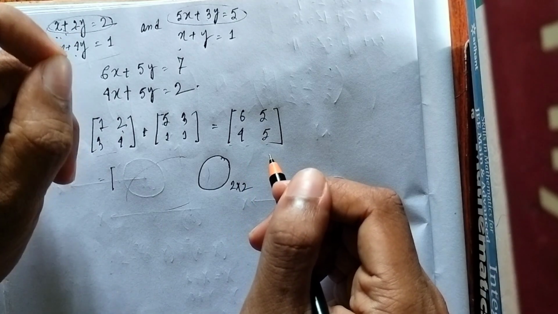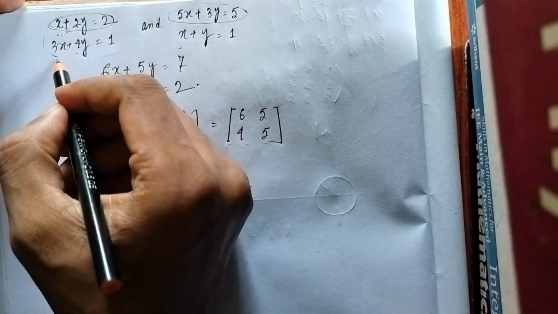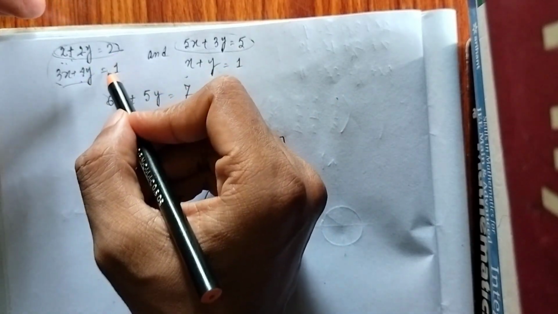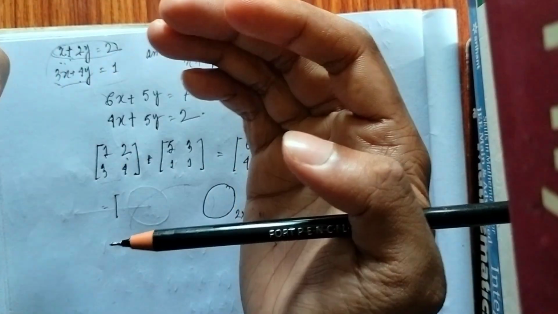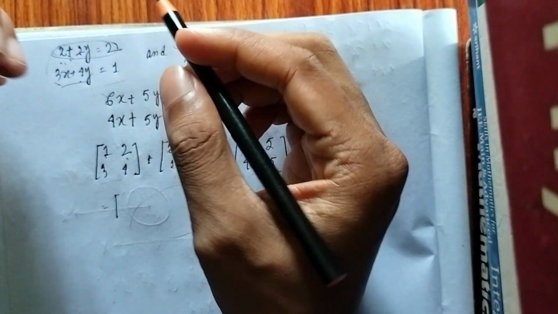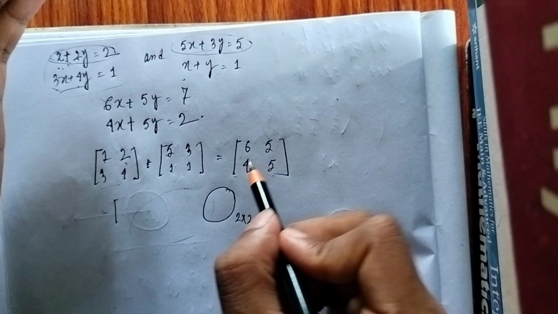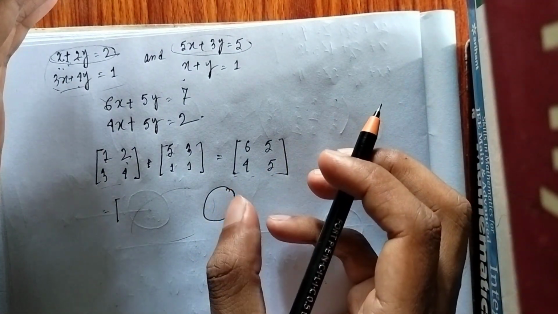Geometrically, these two systems of equations represent two pairs of lines, so ultimately adding them we end up with another line, which we can also write in matrix form.